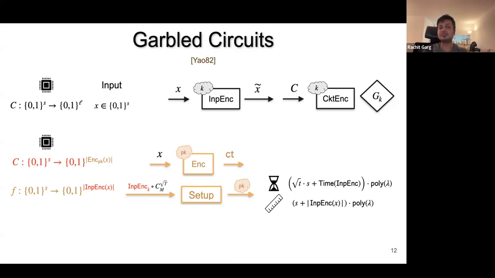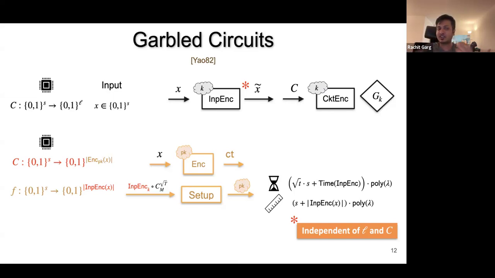And similarly for size. And now notice that if this input encryption somehow started to depend on the circuit or the output of the circuit, then you would have a circularity, because this public key depends on the input encryption. And this input encryption, if it depended on the circuit, then it would depend on the LFE encryption algorithm, which decides what the public key is.